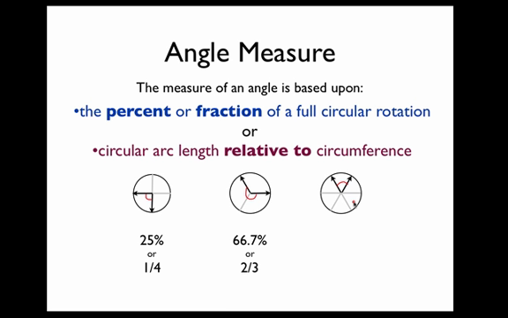What percent or fraction of the circle? 1/6. So no matter which convention we choose to measure the angle in, it always boils down to this: what fraction or percent of the circle.